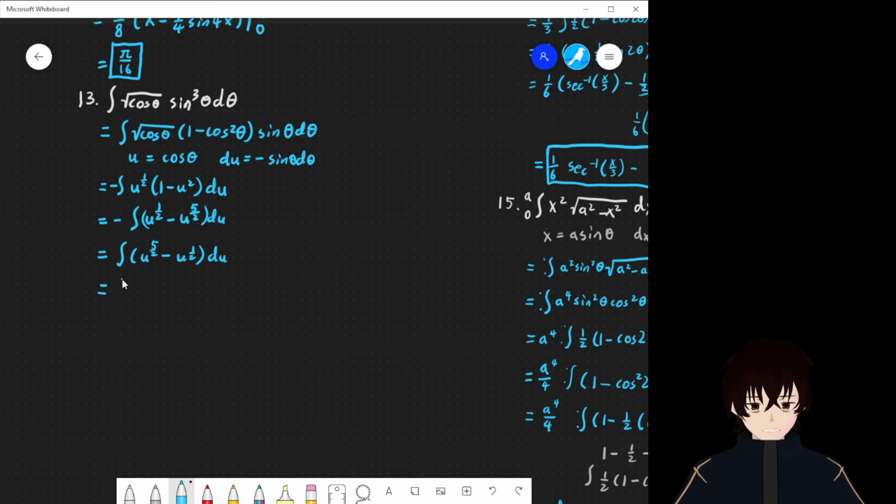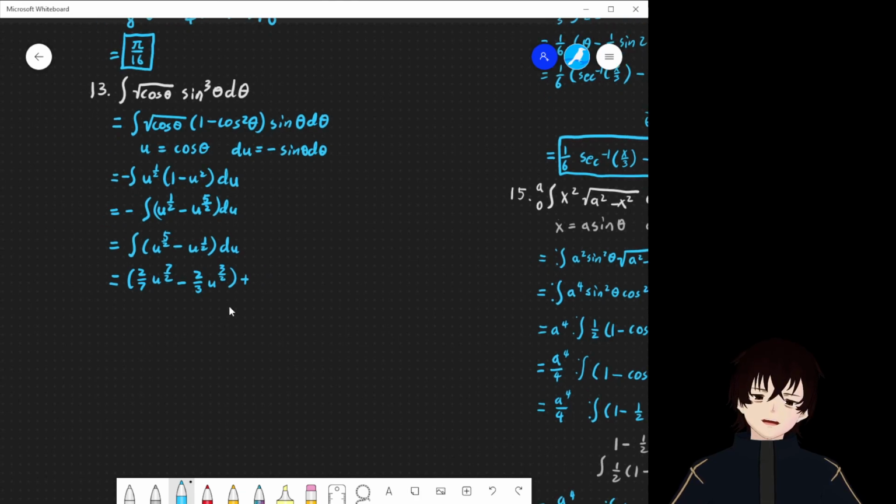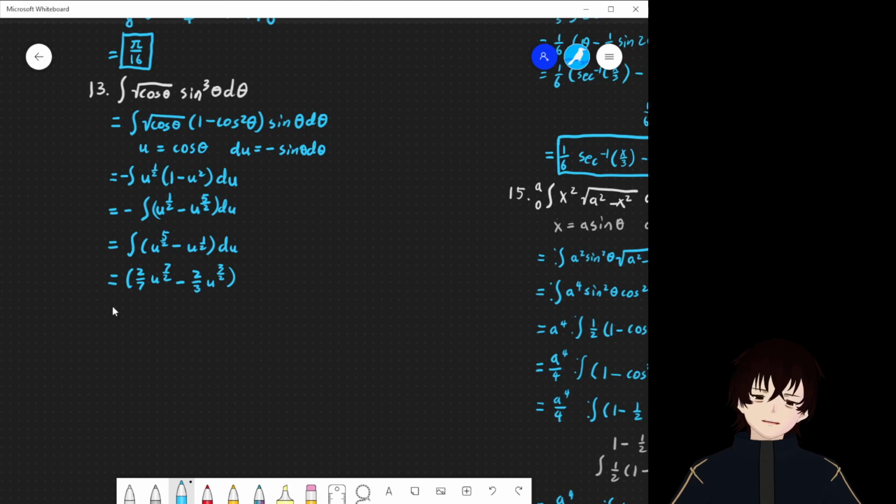This is 2/7 u to the power 7/2 minus 2/3 u to the power of 3/2 plus c.